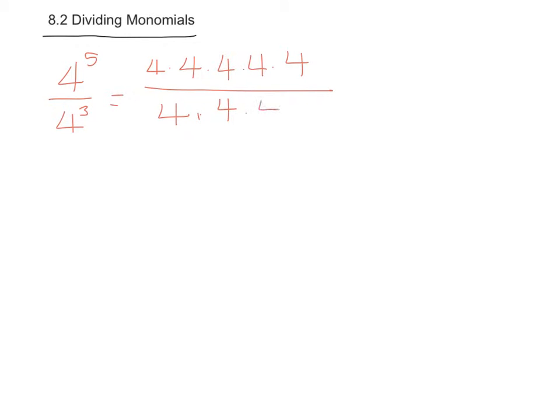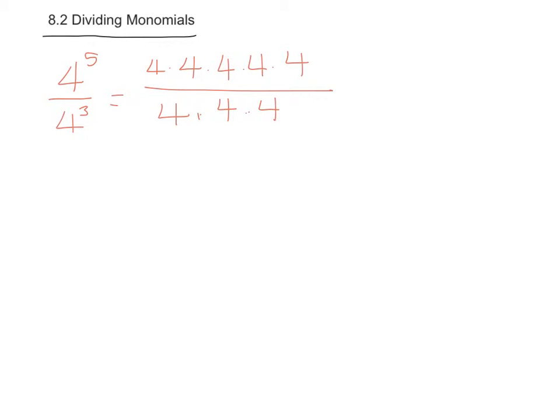Okay, so the first part about dividing monomials, the first thing that we're going to learn, I'm going to teach by showing this example. If I had 4 to the 5th power over 4 to the 3rd power, and if we were going to do this the long way, then that would mean I would have 4 times 4 times 4 times 4 times 4 on top, and just 3 of them on the bottom, 4 times 4 times 4.